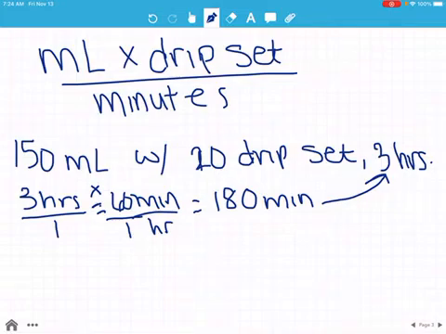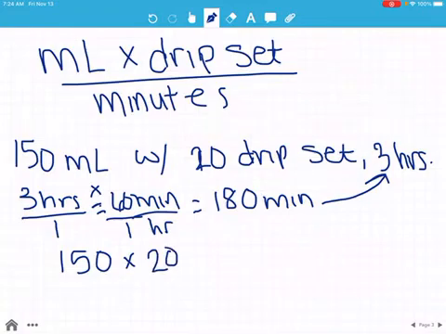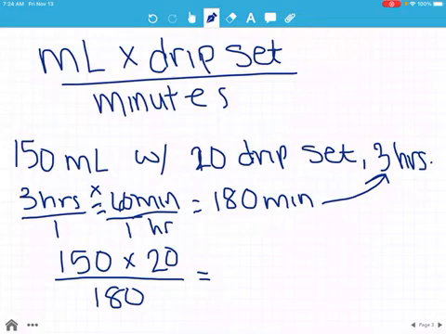So now I can literally plug everything into the formula. 150 times 20, because there's my milliliters, there's my drip set, divided by my minutes of 180. And this is just PEMDAS. 15 times 20 should be 3,000, all divided by 180.